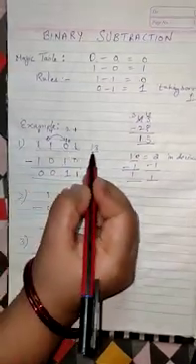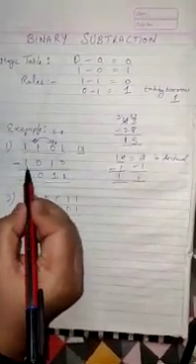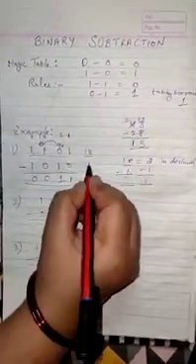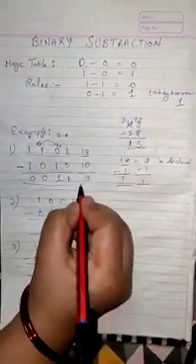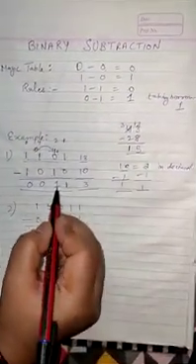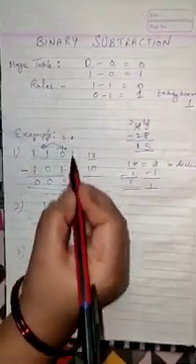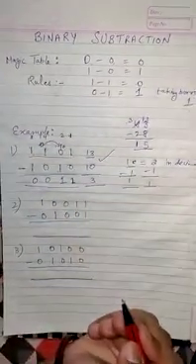So this number is equal to 13. Same way here, wherever the 1 is there, 8 plus 2 is 10. So this is equal to 10 in decimal. So the answer should be 3. As you can see the ones in the answer, it is 2 plus 1 is 3. This means our answer is correct.